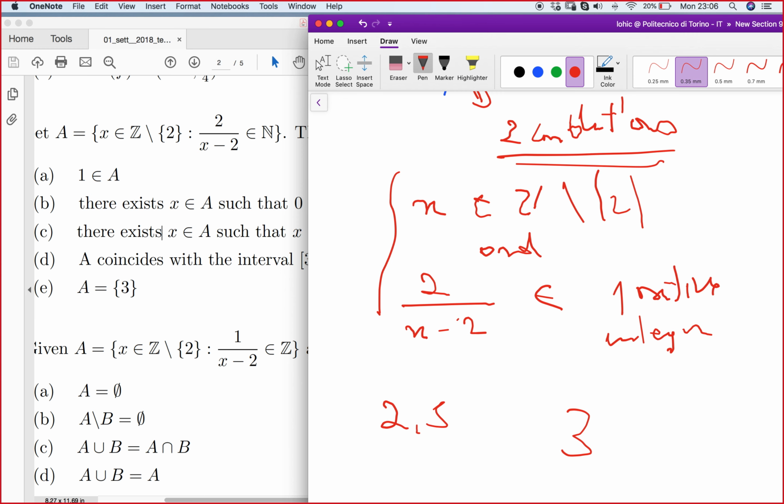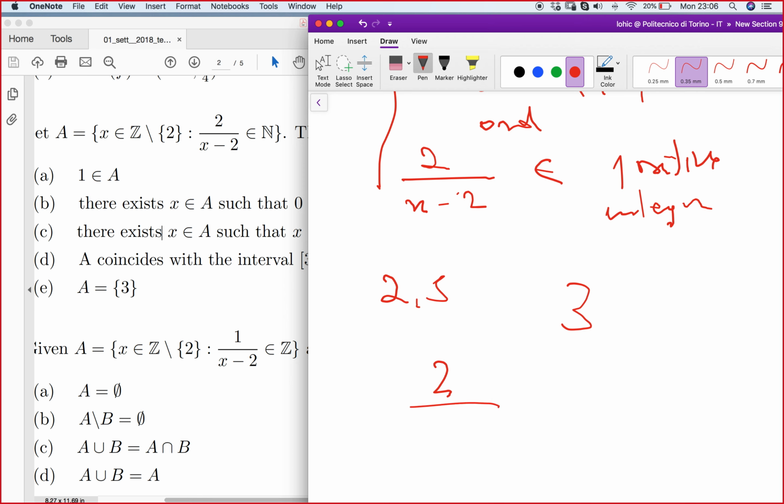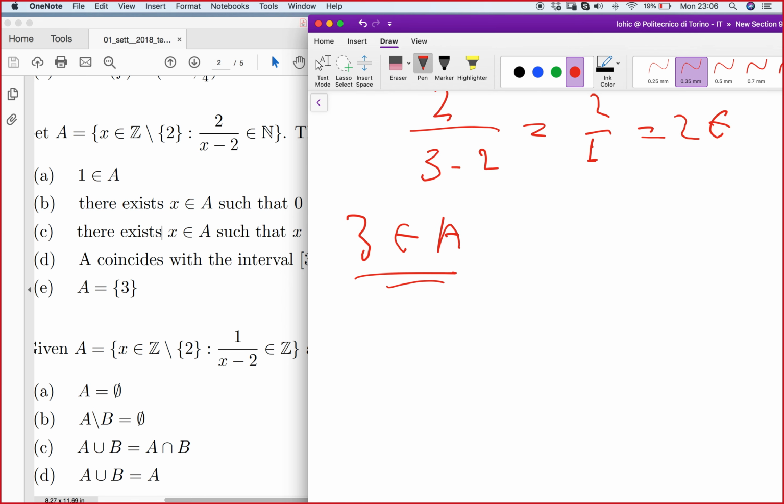But when I do 2 over 3 minus 2, what do I get? It is 2 divided by 1, that is 2. Is that a yes or no? So this number 3 satisfies all the conditions, so 3 belongs to A. Right? So this is the meaning of a set.